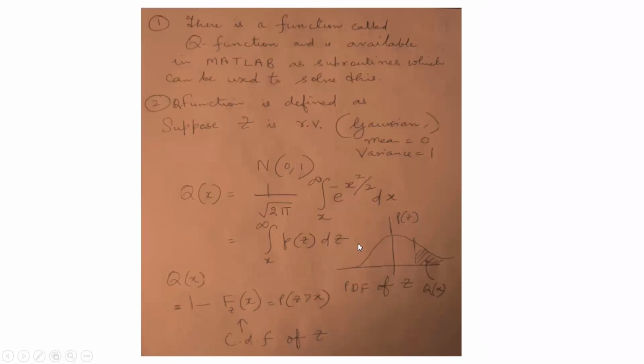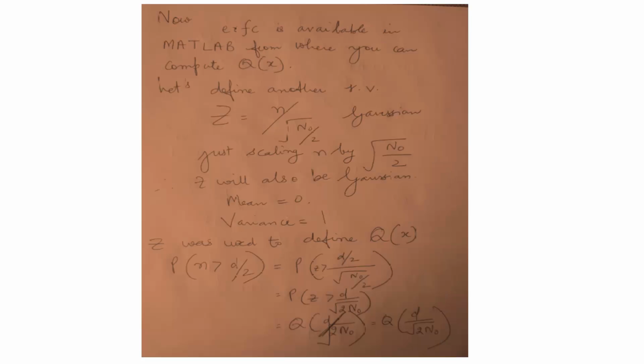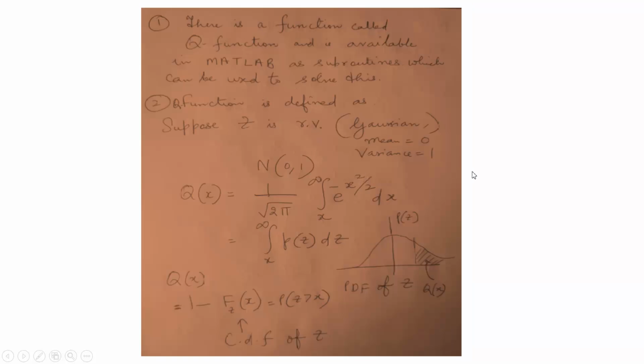We said that this expression is difficult to compute in closed form. Therefore, there is a function available in MATLAB, which is the Q function. How is the Q function defined? We take a random variable z with mean 0 and variance 1. I will explain how the variance of 1 comes about: once you scale the noise n by under root of n naught by 2, you get variance 1.